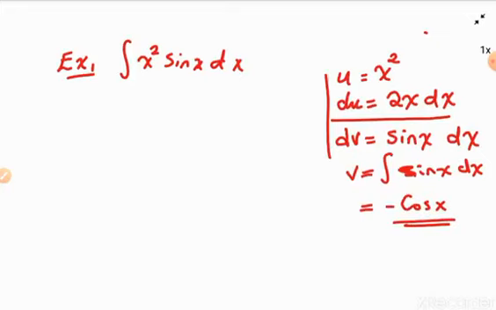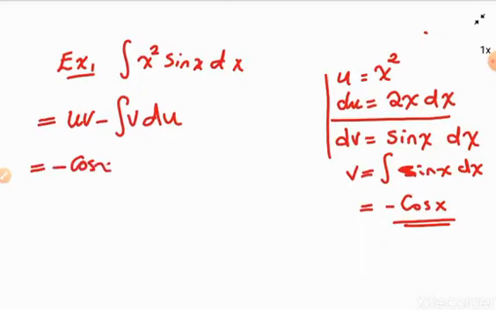Then we will substitute in the formula of integration by parts: uv minus the integral of v du equals u, which is x squared, times v, which is negative cosine x.